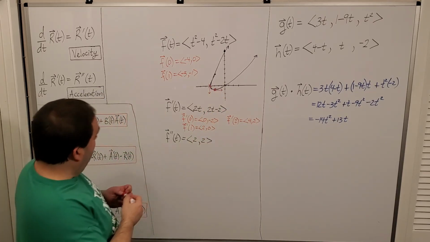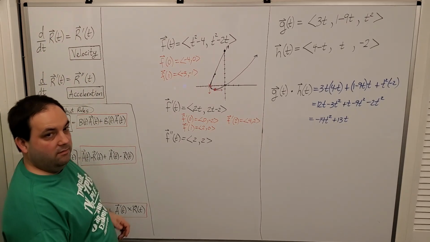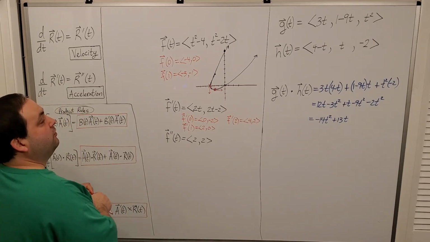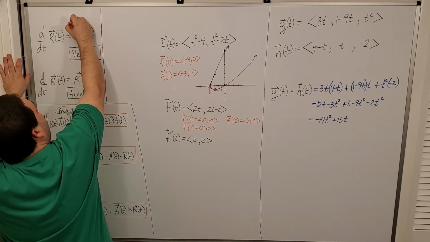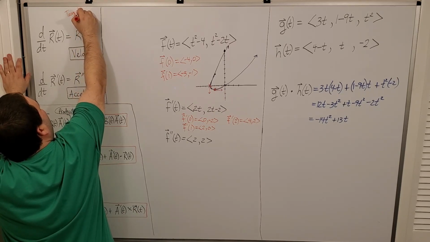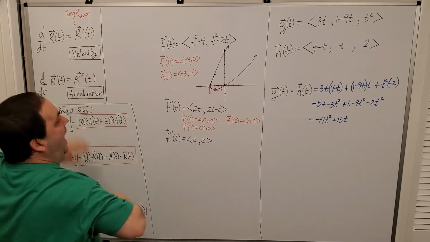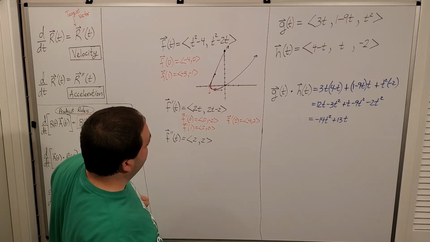Remember, don't forget when you're doing these derivatives, we're calling it the velocity vector function. But also don't forget that this particular vector function is going to be the tangent vector at any point. And notice that's exactly what I'm getting at each of these points here.